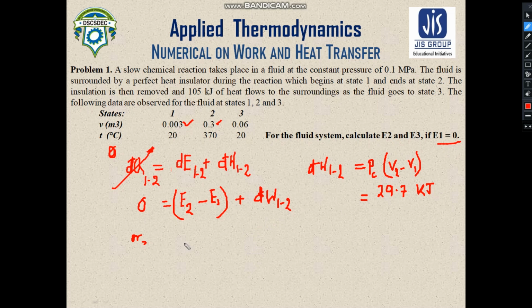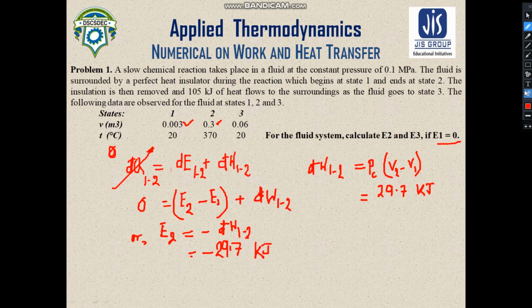Now this E1 is already given as 0, so you can write E2 is equal to minus dW 1 to 2, which is equal to minus 29.7 kilojoule. So that's how we can easily calculate the value of E2.